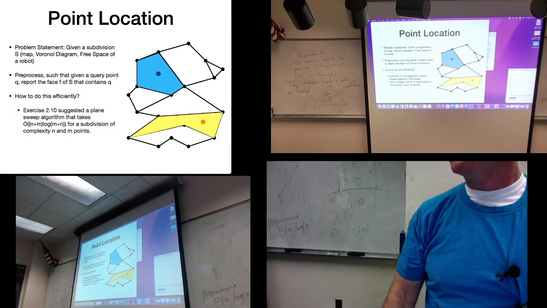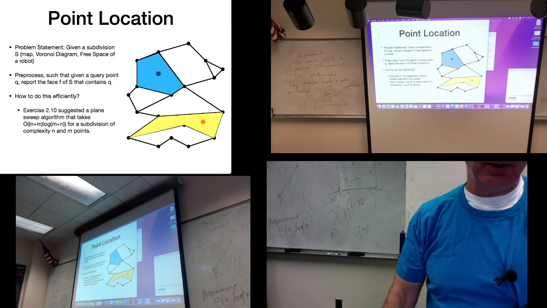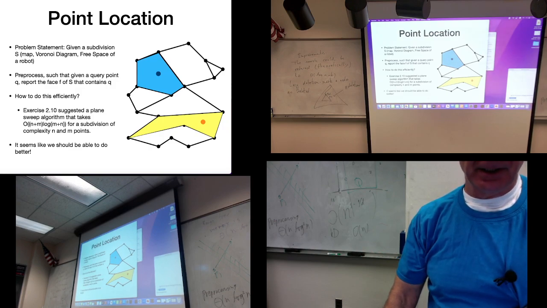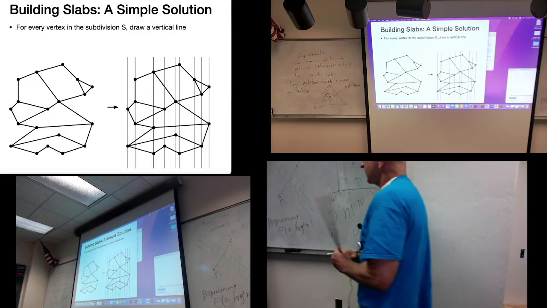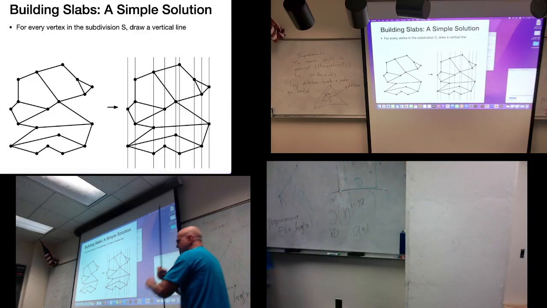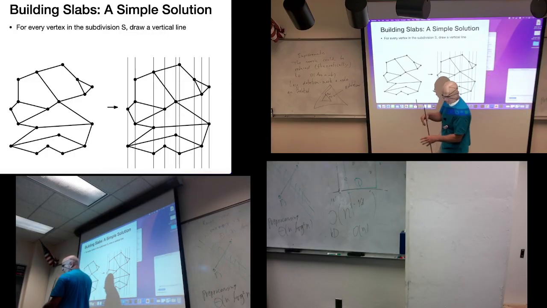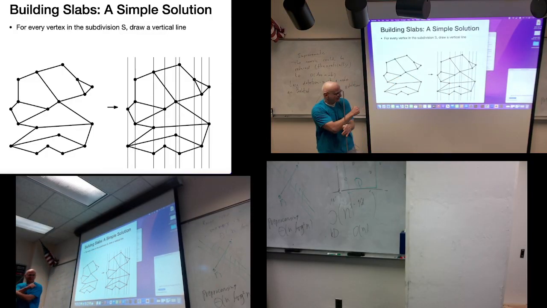And if you have a batch query of a lot of query points, and you know the query points ahead of time, it's close to linear. By the way, I assume here that segments don't cross. It's a map. If there are segments that cross, I already made them into two different faces.